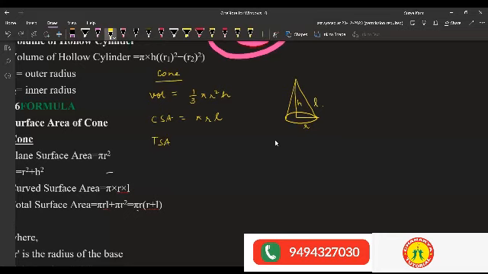In TSA, what should you do? In TSA, you simply add pi r square. Once an extra circle is coming over here, right?